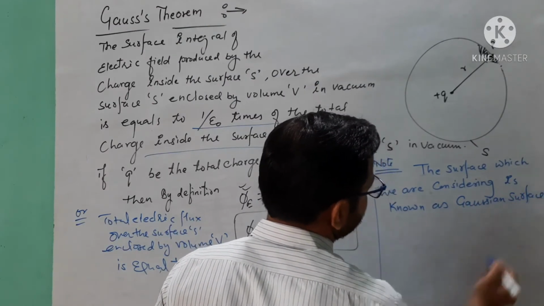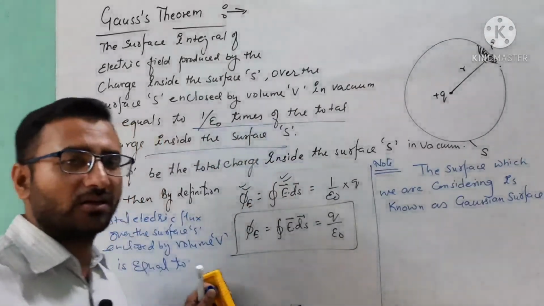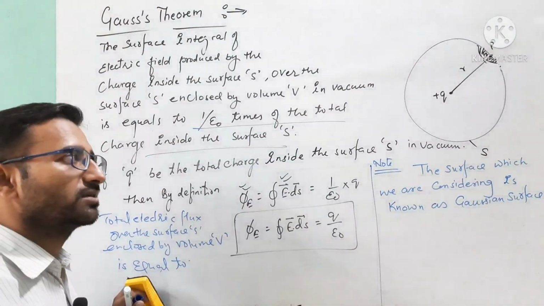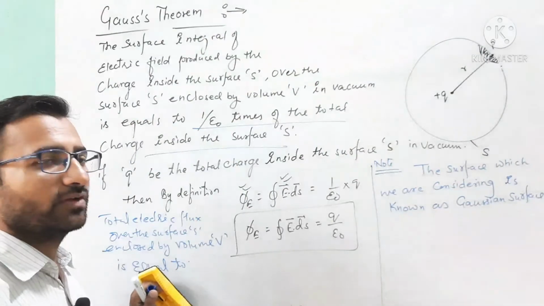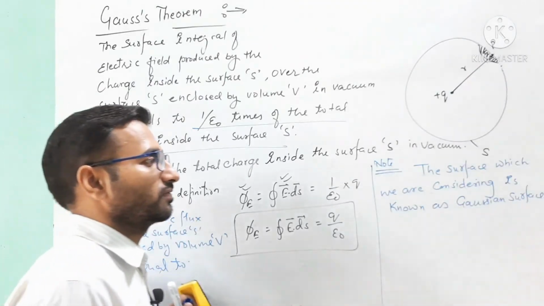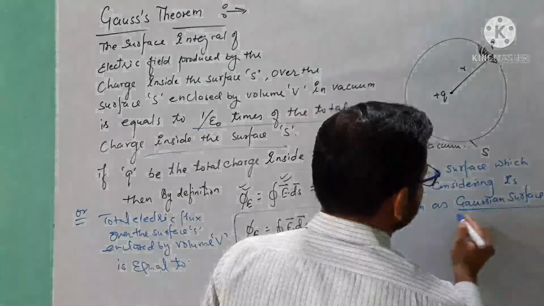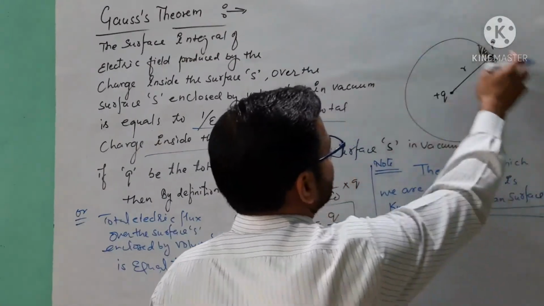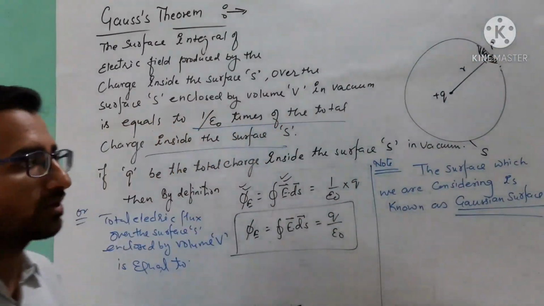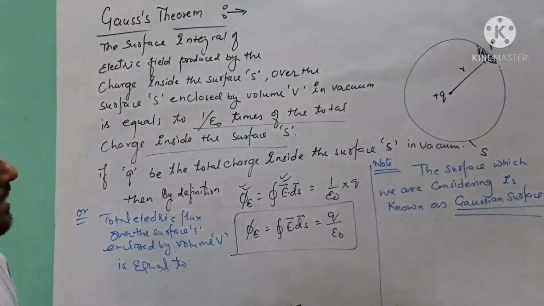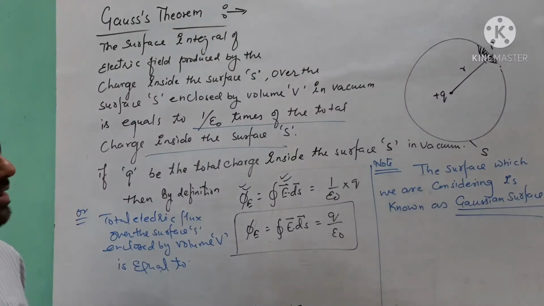It may be spherical, it may be cylindrical, depending on the cases where we are considering it. A spherical Gaussian surface we will consider to prove this law, this theorem. So for that, pause the video and note down.